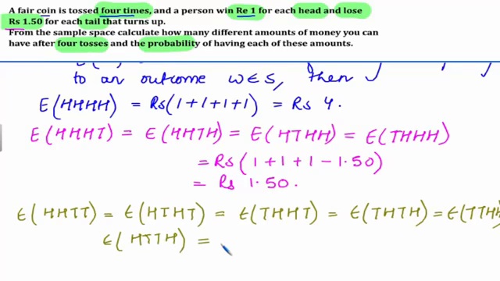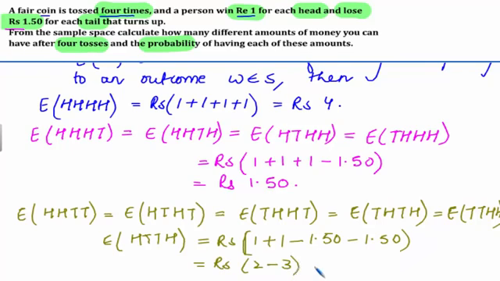And this is equal to rupees, we have two heads, so 1 plus 1, and we have two tails, so minus 1.50 minus 1.50, and this is equal to rupees 2 minus rupees 3. So here we have a loss of rupee 1. So let us write it as minus rupee 1.